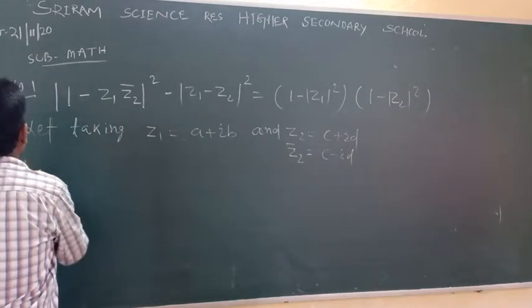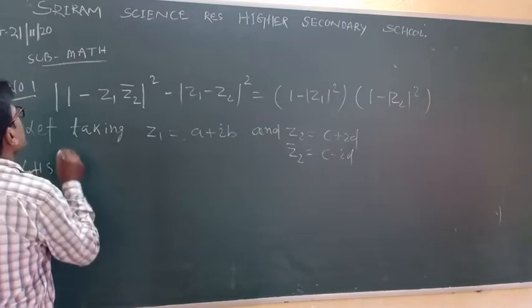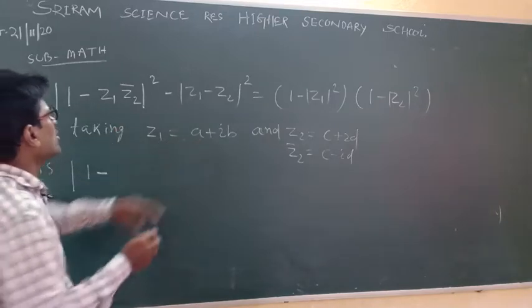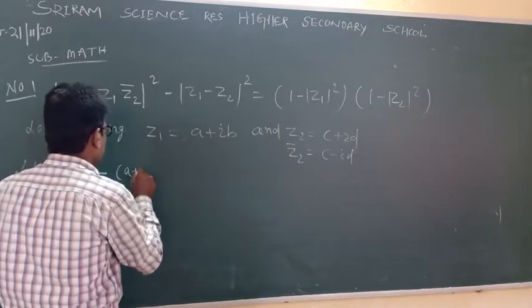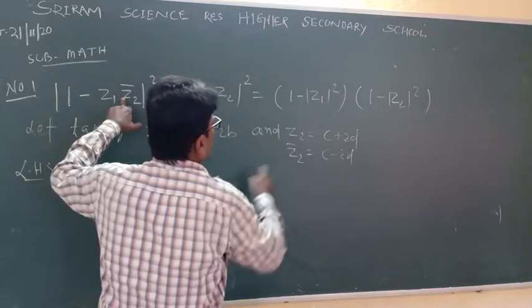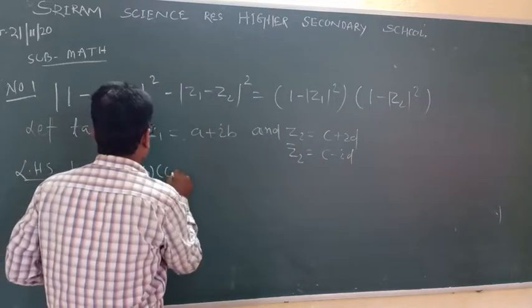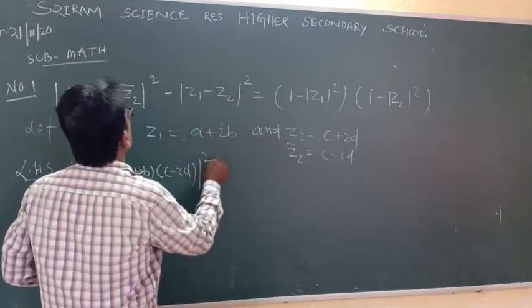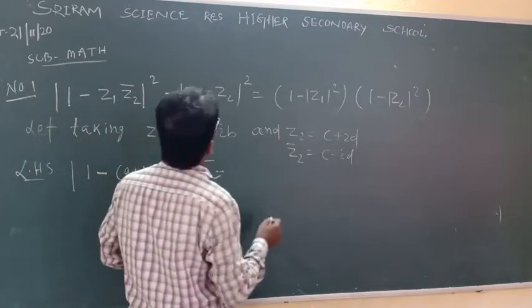Now taking LHS: 1 minus of, you put the value of Z1 is equal to A plus IB, into Z2 conjugate, the value of conjugate is equal to C minus ID, whole square, minus of Z1 minus Z2.